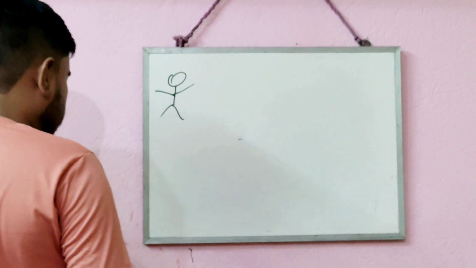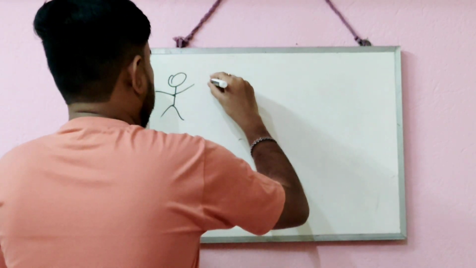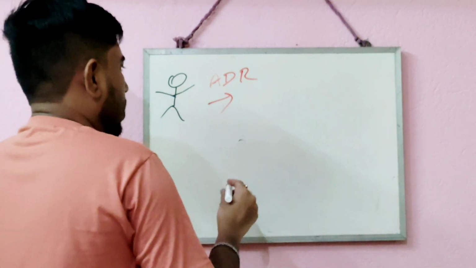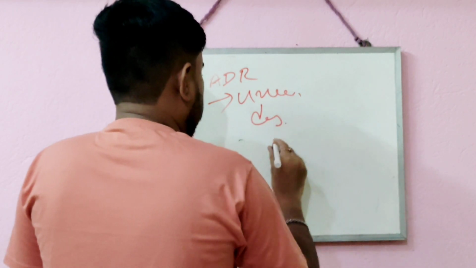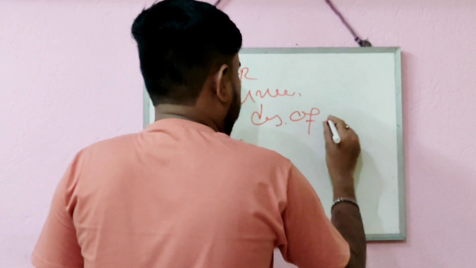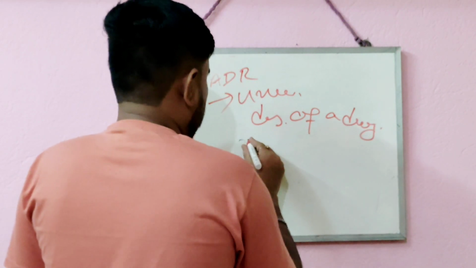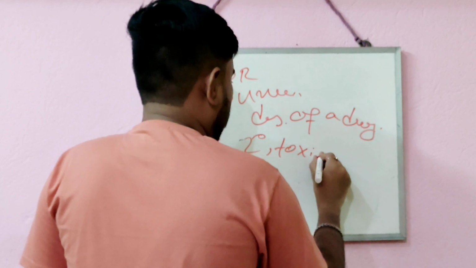So first, by the name or by that easy description, you can understand ADR means adverse drug reaction, that is, unwanted, undesirable effects shown by a drug that are secondary and toxic for our body.